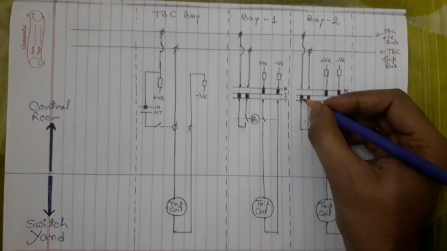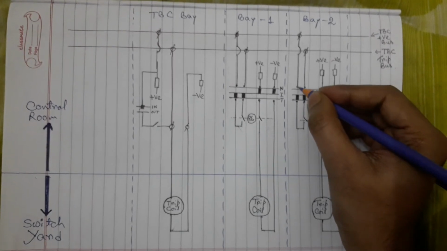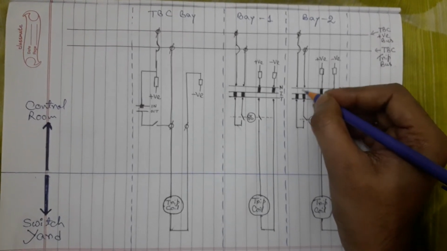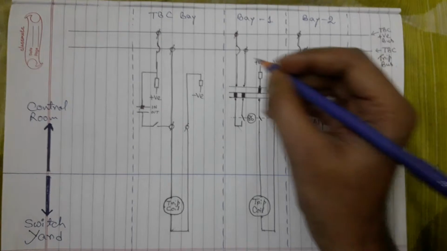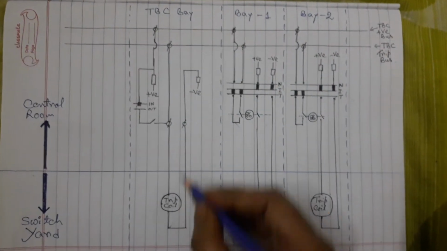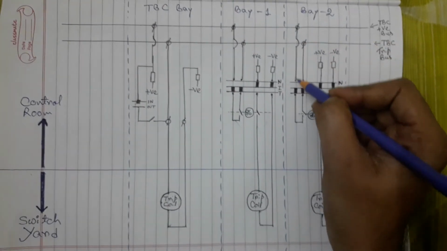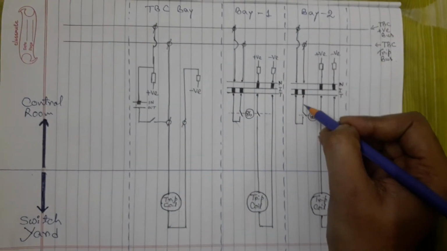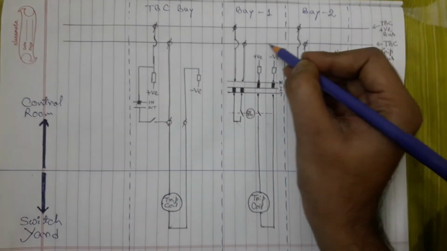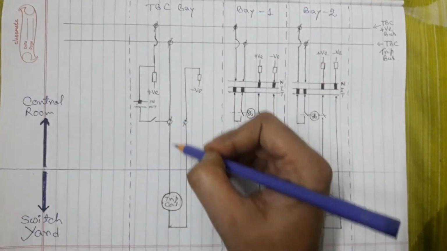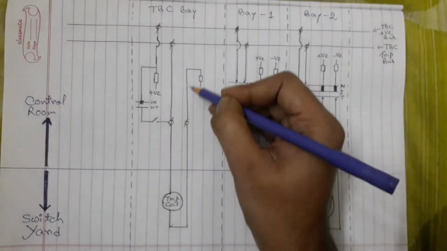In that condition, only this path is continuous, and of course this circuit breaker will trip, because positive will come in this way and this 86 is in make condition. So this voltage goes and the TBC circuit breaker will trip.